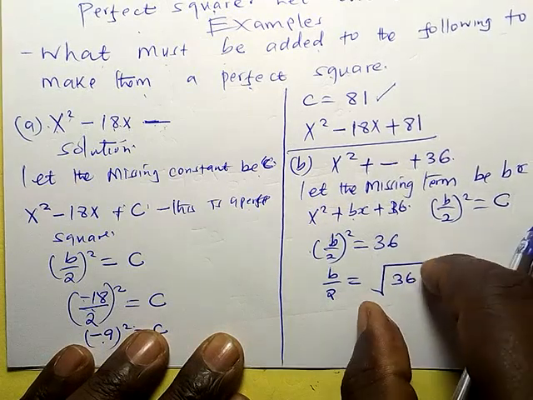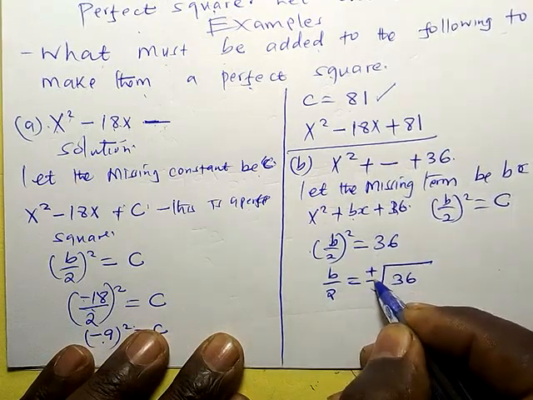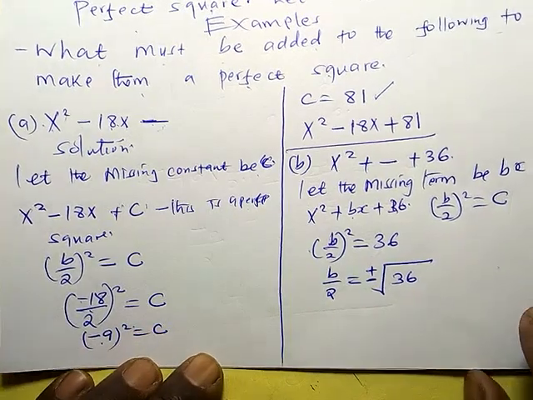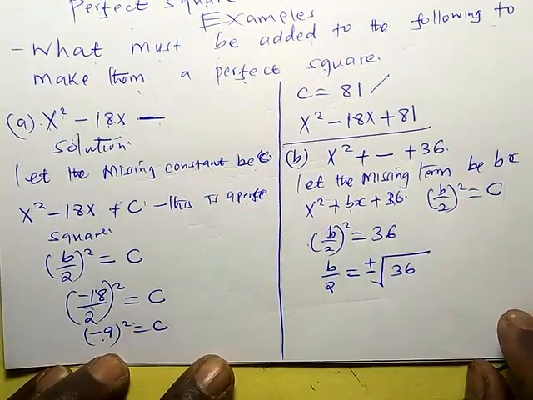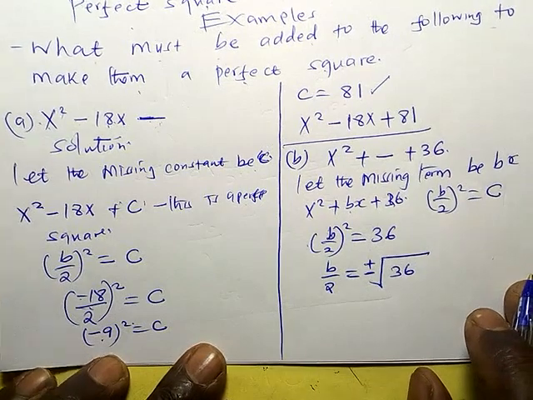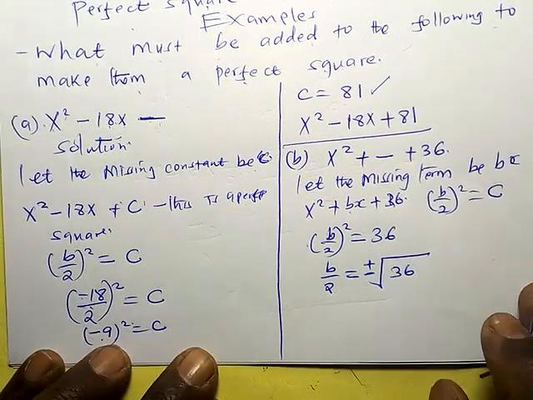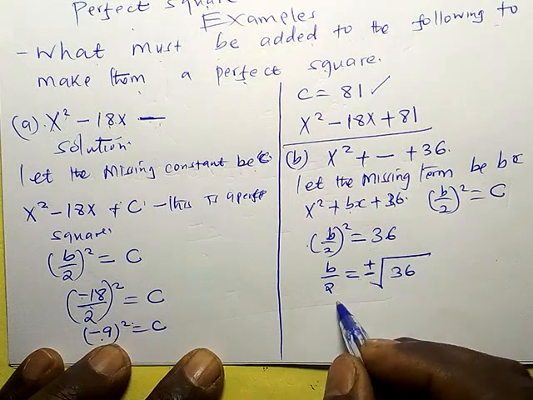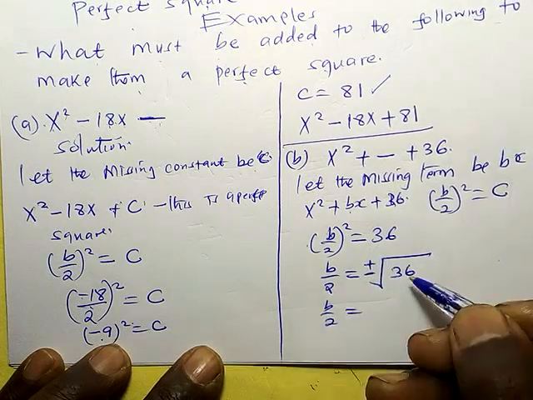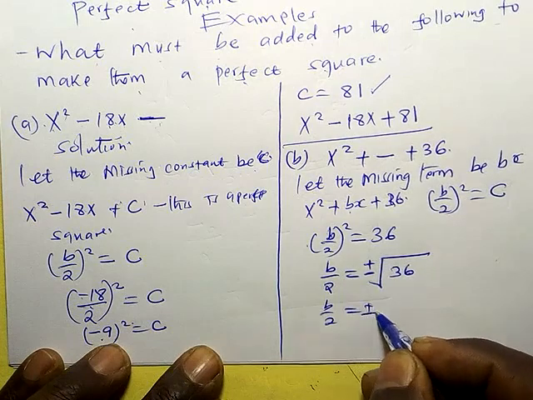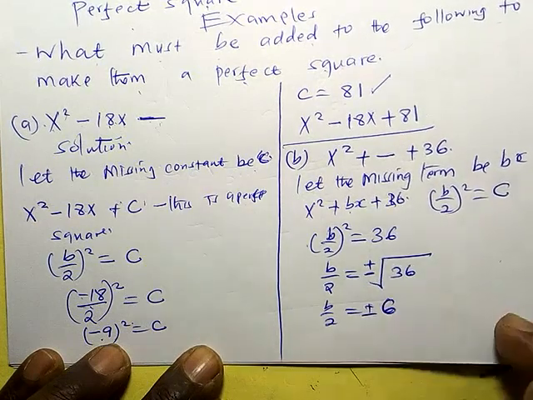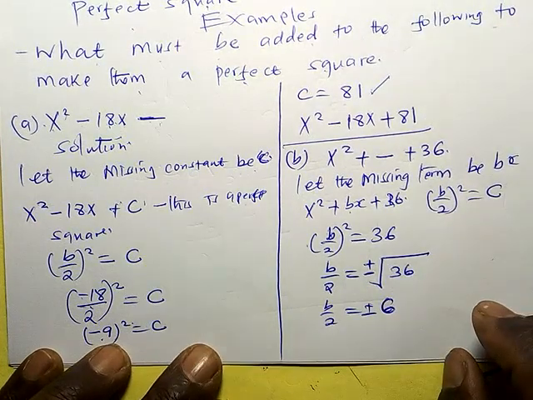So b divided by 2 equal to the square root of 36. But once you have squared here, always remember to put positive or negative, especially when you are dealing with quadratic expressions or equations. Now, b divided by 2 equal to the square root of 36 is positive or minus 6.